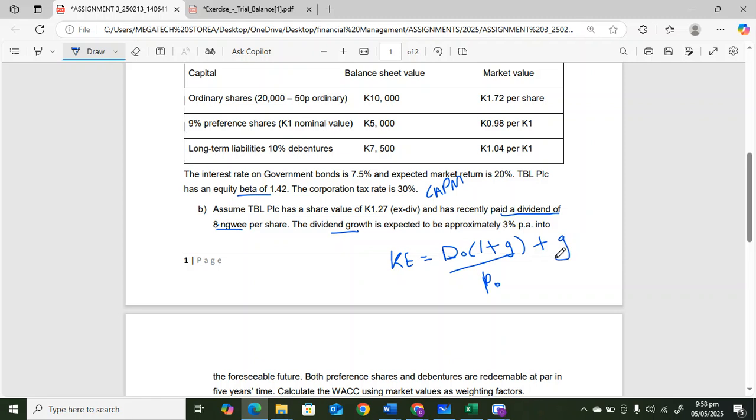If you hear a mention of dividends being paid and a growth rate, then you know you're using the dividend valuation growth model. But if you hear equity beta, expected market returns, they rarely say risk-free rate.